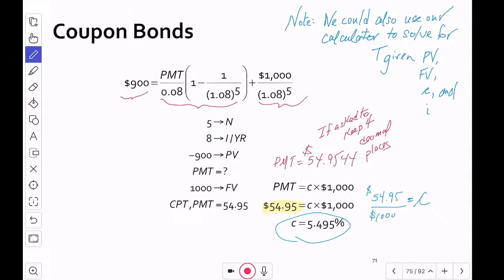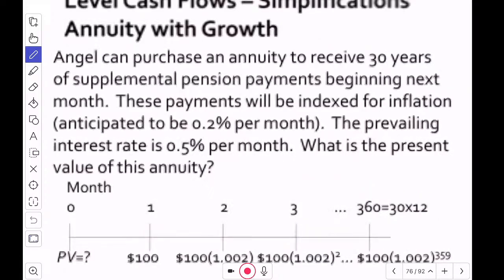If you're given the other 4 variables, you can also solve for t. I'm just surprised I don't have that example. Take a screenshot. I'm moving on.